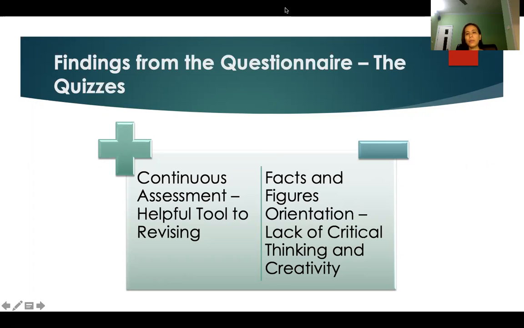However, many of them believed that the quizzes are facts and figures oriented, so they lack critical thinking and creativity, and the students are not interested in doing the quizzes.